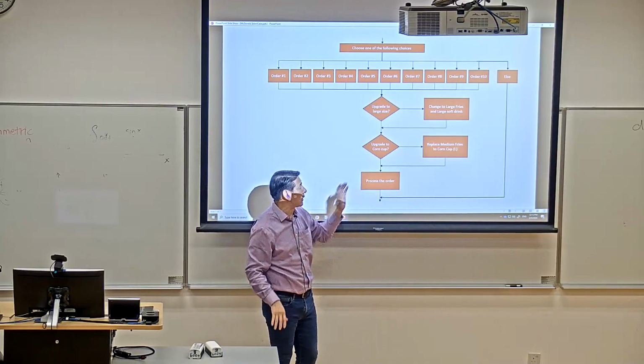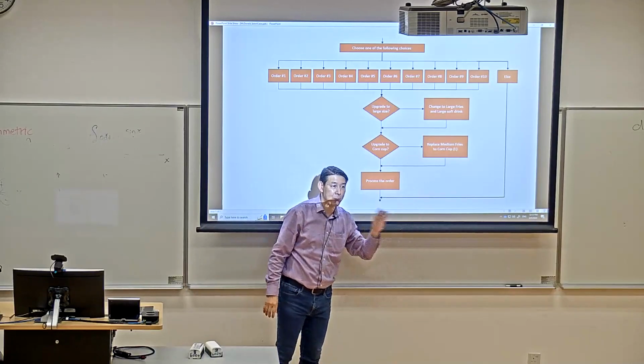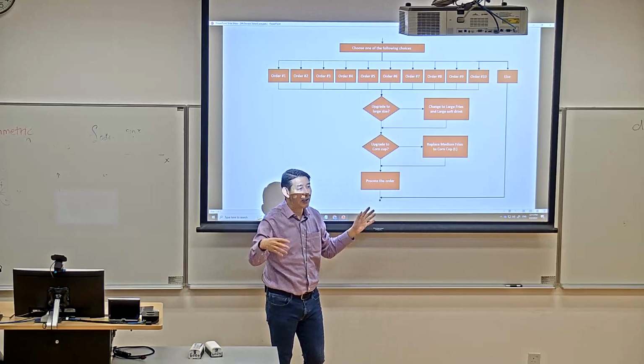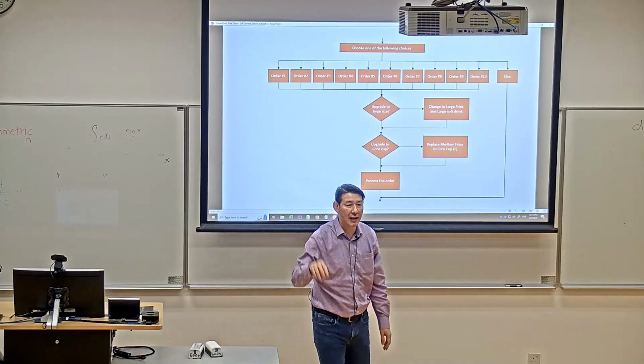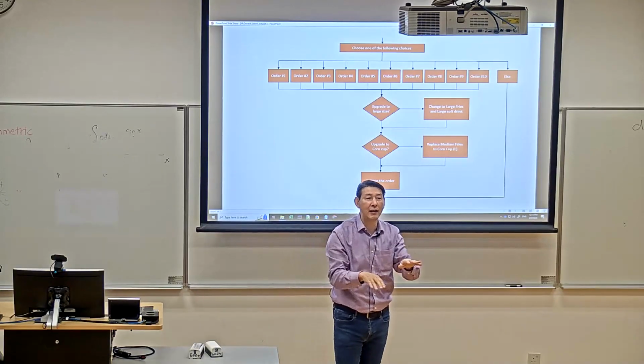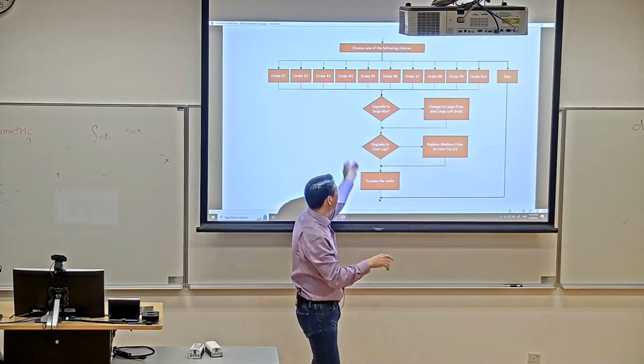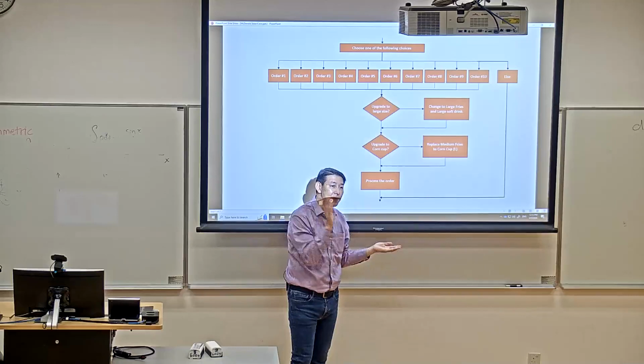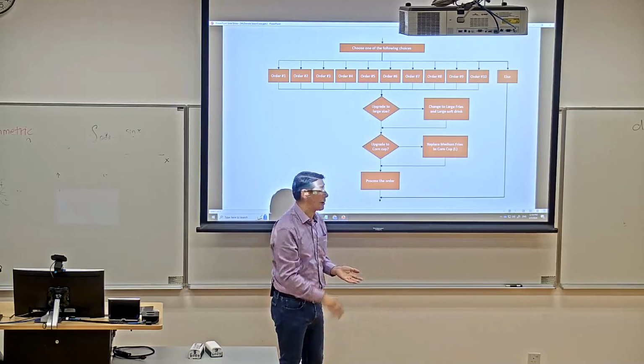In the exam, if I give you a flow chart like this, you just simply follow it. At that time I think it was the other way around, but now I give you the flow chart, just follow it and implement.